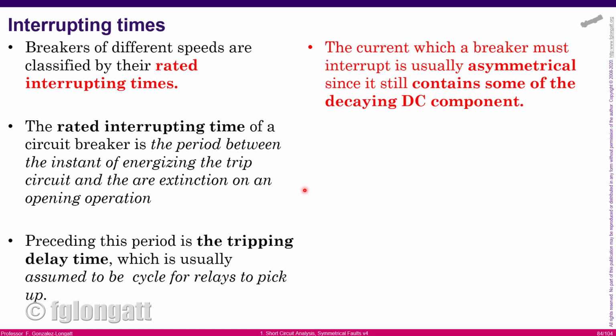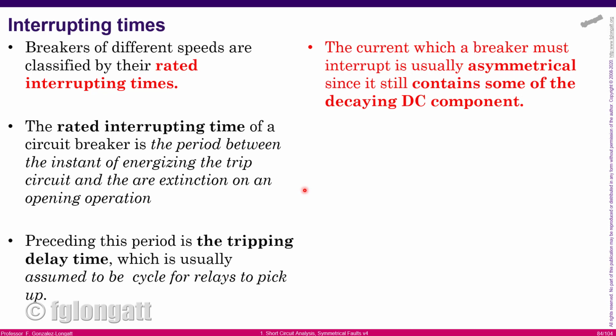What you need to understand is that for breakers, we need to define the instantaneous current, and then we need to define the interrupting current, but the interrupting current depends on the interrupting time. And the interrupting time depends on the technology related with the circuit breaker.